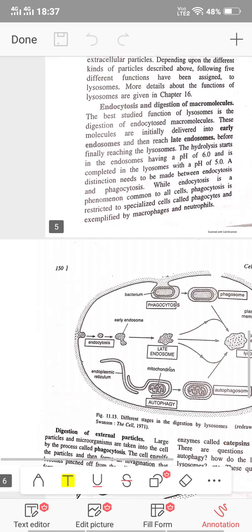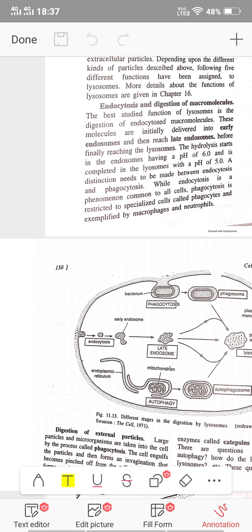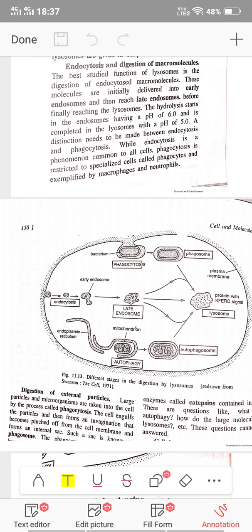Digestion of external particles. Large particles of microorganisms are taken into the cell by the process of phagocytosis. The cell engulfs the particles and then forms an invagination that becomes pinched off from the cell membrane and forms an internal sac. Such a sac is known as a phagosome.